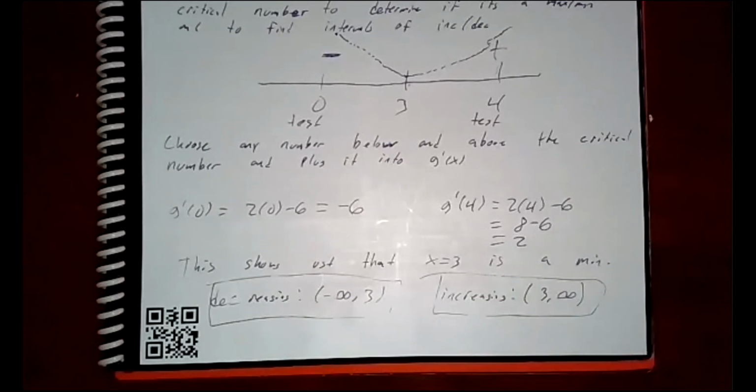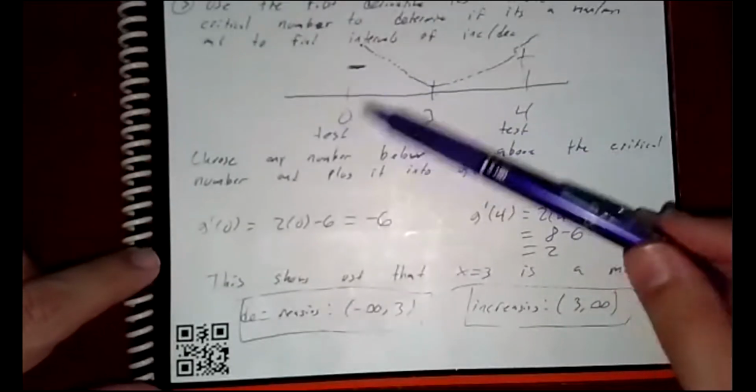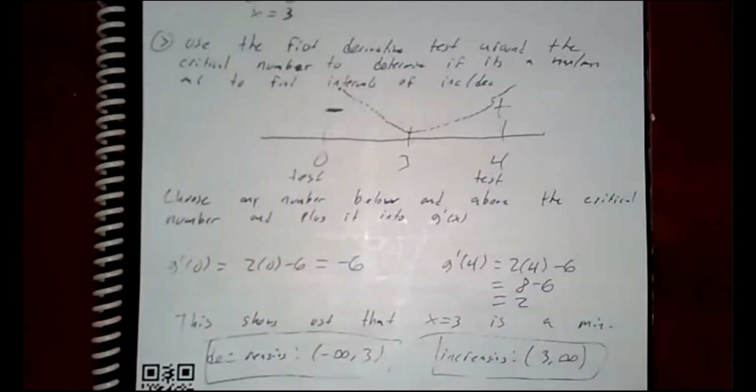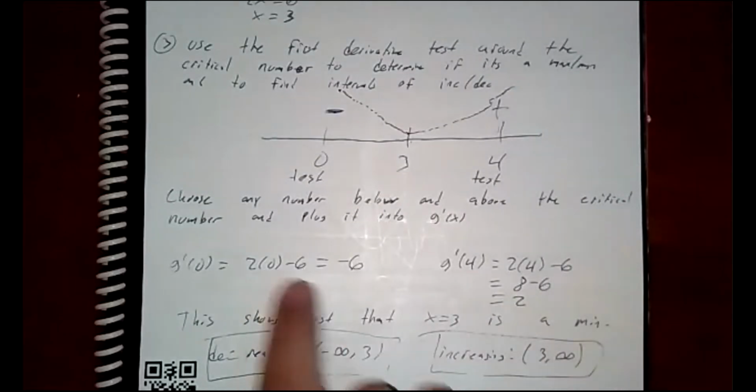Professor, I have a question. Can you hear me? Yes. So the reason why x equals 3 is the minimum, is that because on the graph it doesn't go below that? Oh, it's because of what the derivatives told us, right? When I picked a random point below 3, I plugged it into the derivative and got a negative.